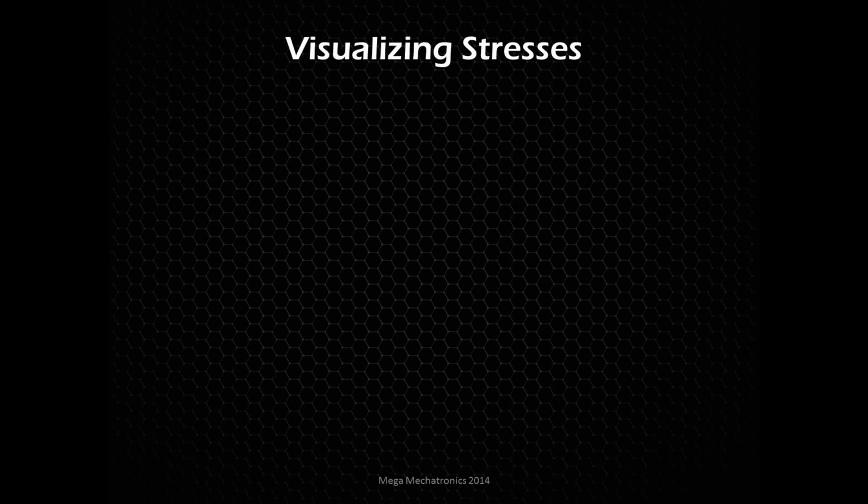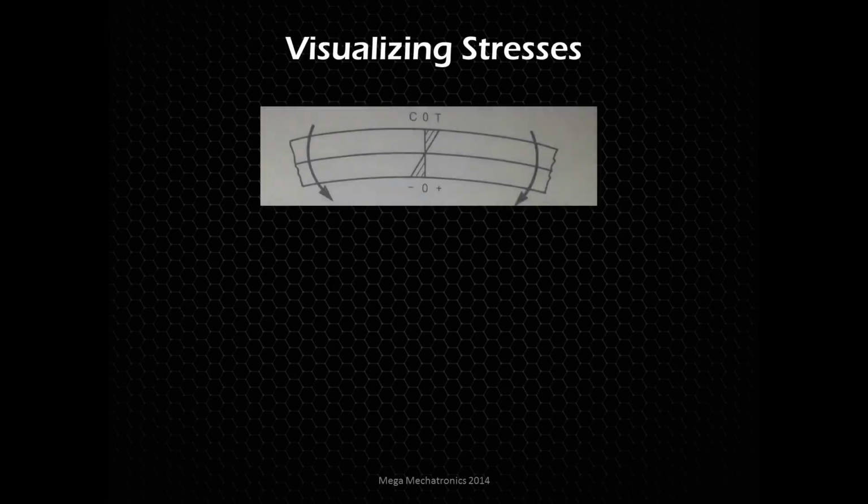So how can we visualize stresses? I'm bringing this up because we need to learn where to expect a failure in a part. If we understand the stresses a little bit more, and stress concentrators, things like that, we can get a better idea of what was expected. So let's take a look at this picture.